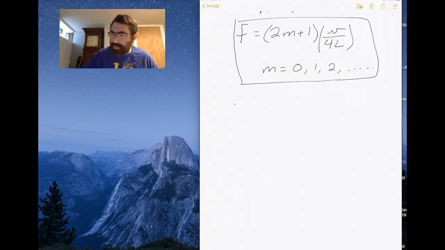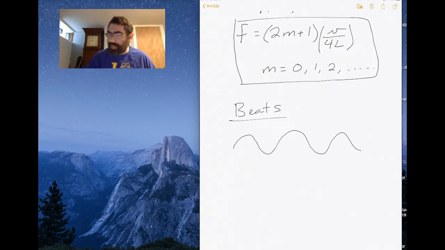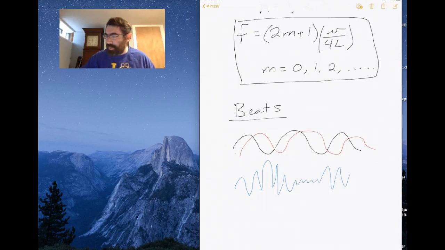Now for beats, what we have is basically 2 waves, so we can get 2 fundamental harmonics overlapping each other. And what happens is if you pick the harmonics just right, what you get is basically this kind of waveform that has built into it a larger waveform.